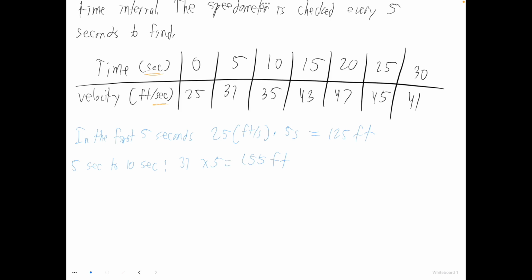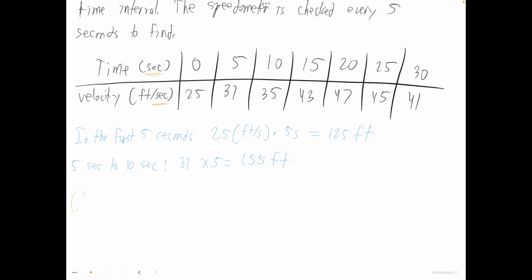Well, we can do this for all the other time intervals as well, and then just add them all up, because if we go 125 feet in the first 5 seconds, 155 feet in the next 5 seconds, and so on, you add them all up and you get the total distance that you traveled.